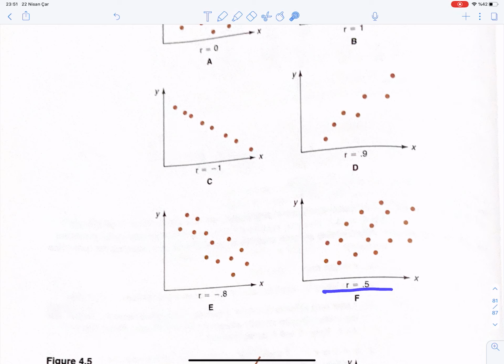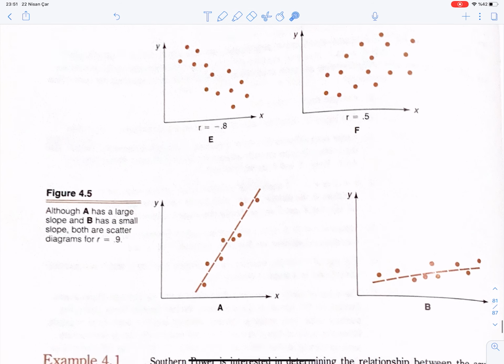And this one is also a positive correlation, but the dots are getting far away from the line. So this is why you're not expecting the Pearson correlation to be that high. So it's 0.5.